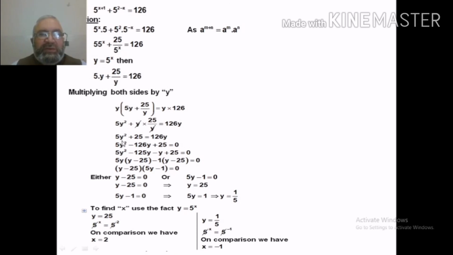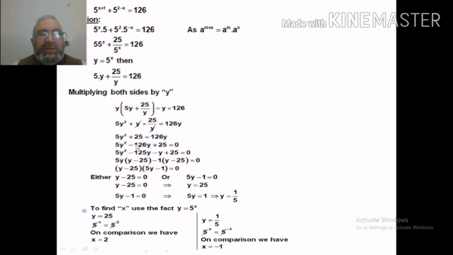Multiply y with the left hand side and y with the right hand side. So we get 5y square plus 25, the y cancels, and on the right side is equal to 126y. Again 5y square, transforming this to the left hand side, minus 126y plus 25 is equal to 0.